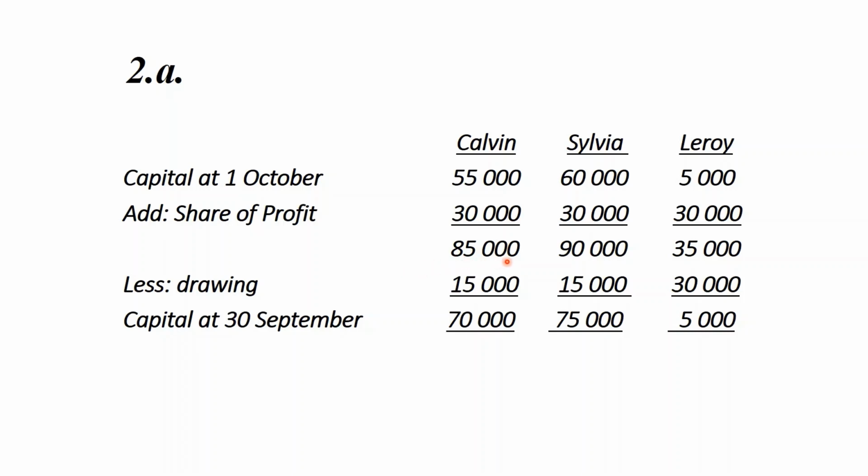We add that together and get the capital before drawings, and we minus their drawings, 15,000, 15,000, 30,000, and we come down to their capital. So the final capital would be Calvin 70,000, Sylvia 75,000, and Leroy 5,000.